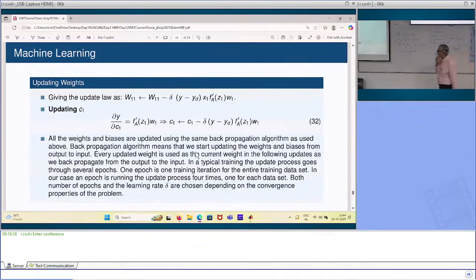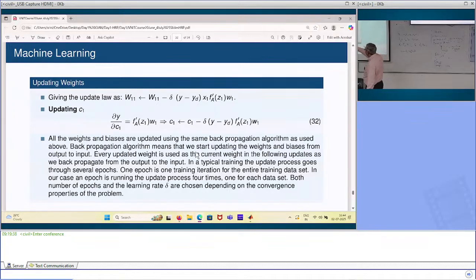That is what I end up with. X1 I know, fa dash z1 I know because I have got this rule here. Once I know z1, I know the derivative. Right? This rule is there. Once I know z1, then if the z1 is greater than 0, that number is 1. If z1 is less than 0, that number is 0. Correct?